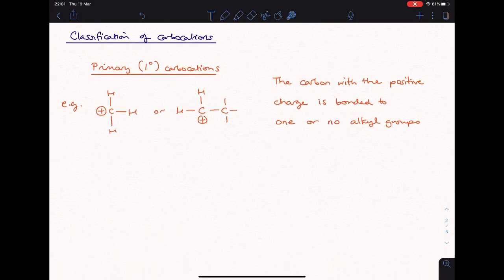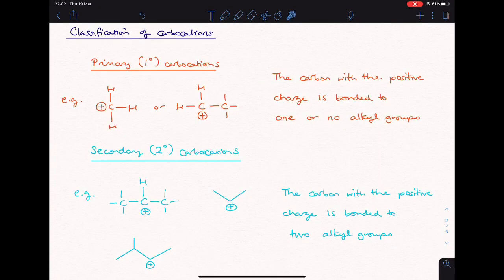We can classify carbocations into either primary, secondary, or tertiary carbocations. Primary carbocations are those with the positively charged carbon attached to no other alkyl groups, with no other carbons, or they could be attached to one alkyl group or one carbon. Secondary carbocations are carbocations with two alkyl groups bonded to the carbon with the positive charge.